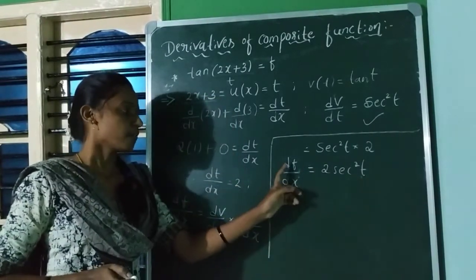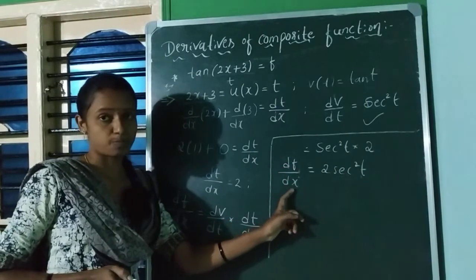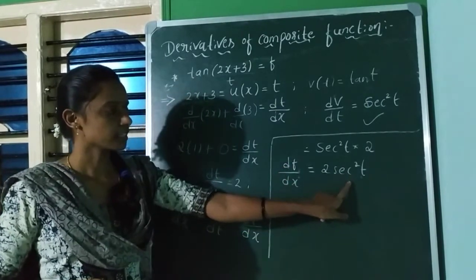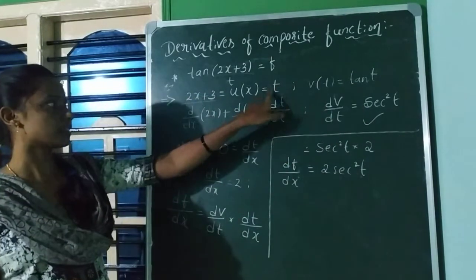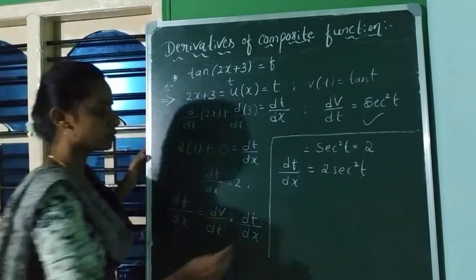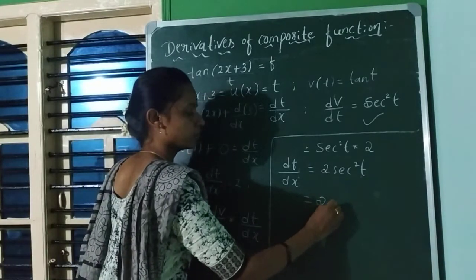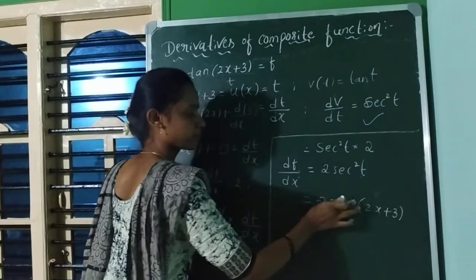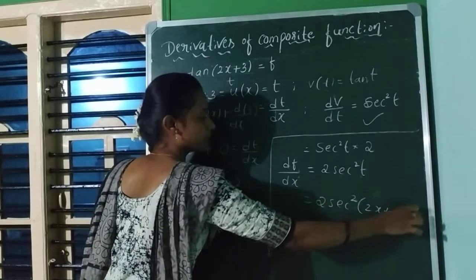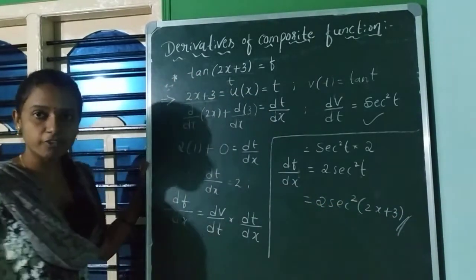Why? Because we are differentiating this function with respect to x, so the resultant also should be in the variable x. So now I take t as 2x plus 3, and you write 2 secant square of 2x plus 3.